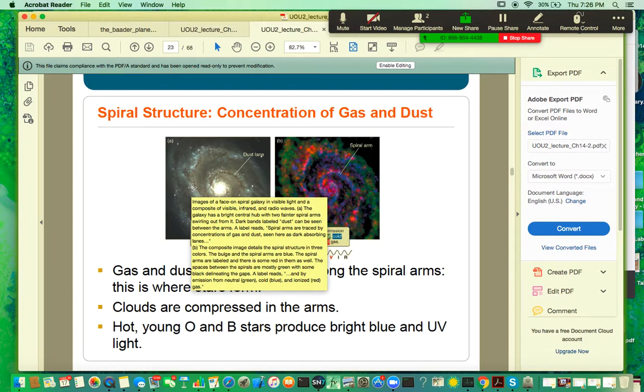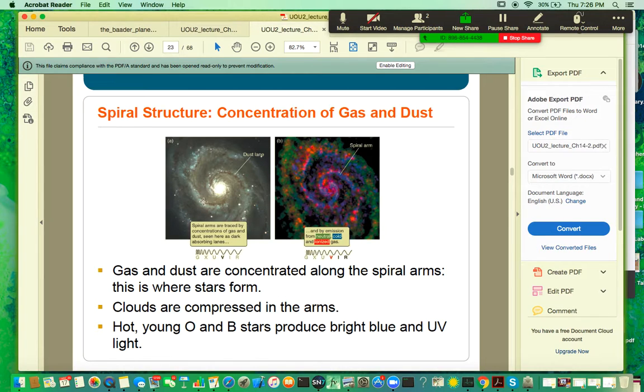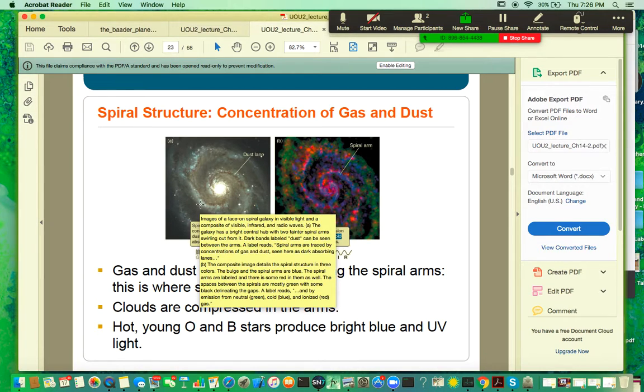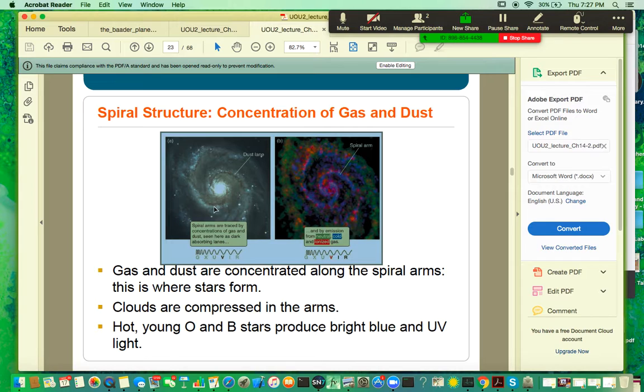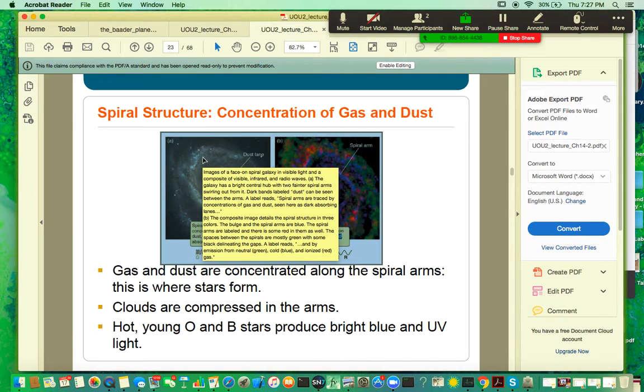So once stars are formed, it forms a small population of O and B stars, and as we studied previously, O and B stars are hot and luminous stars responsible for producing a large fraction of the ultraviolet radiation in a galaxy, and the ultraviolet radiation these OB stars produce lights up the spiral arms, and then we see them.